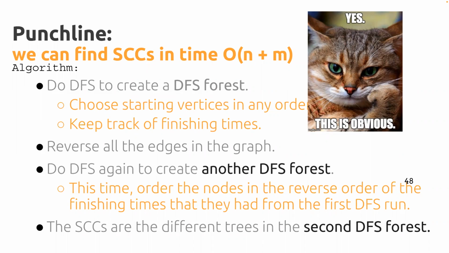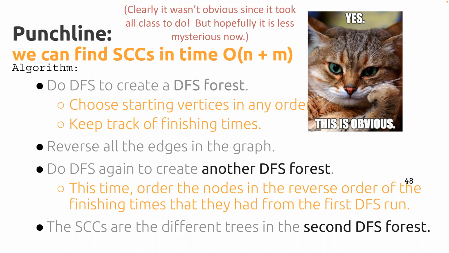Is that clear? So if you're struggling and you're like, I don't understand, that's okay. You should look at the slides again and try to think through every single step of the argument, okay? Because clearly it wasn't obvious since it took me an entire class to just explain it to you, okay?